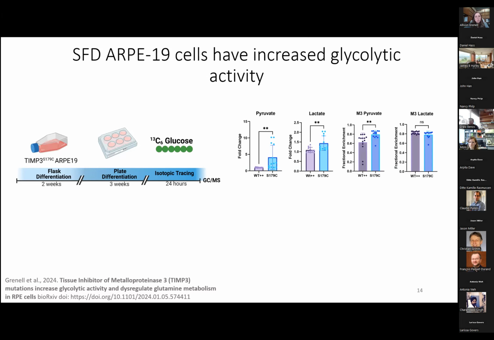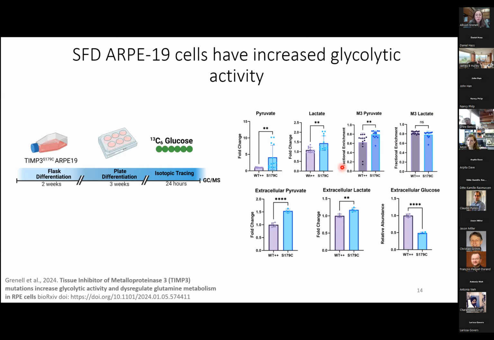So first, just looking at the abundance of intracellular pyruvate and lactate, I found that there was an increase in both. And then when I looked at fractional enrichment, I found that there was an increase in labeled pyruvate enrichment, although there was no change in lactate enrichment. So together, this suggests that there is an increase in glycolytic activity.